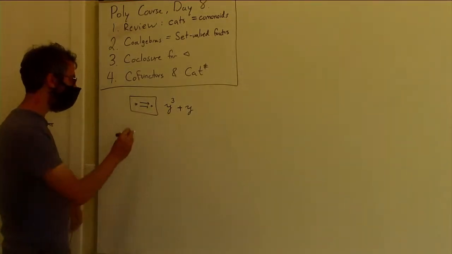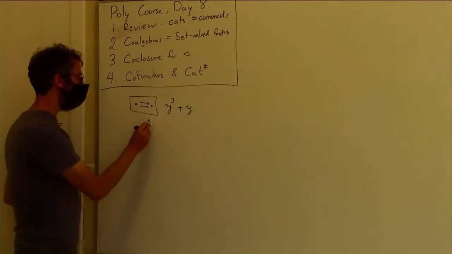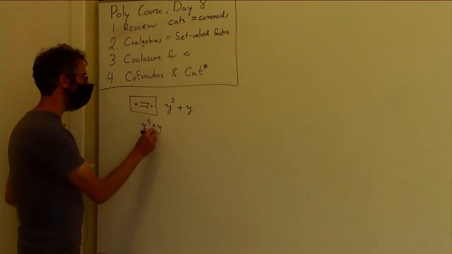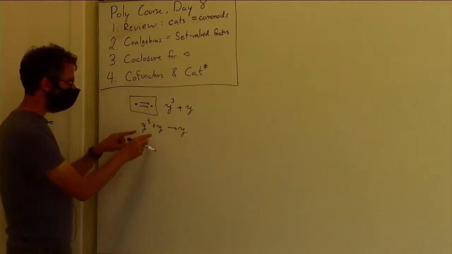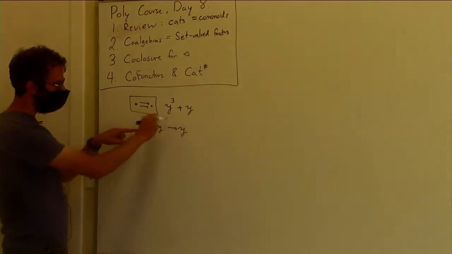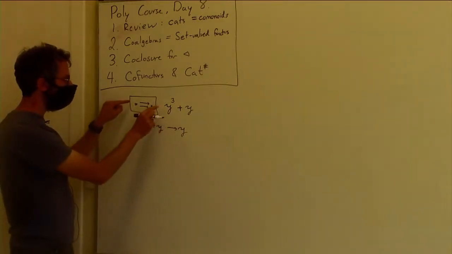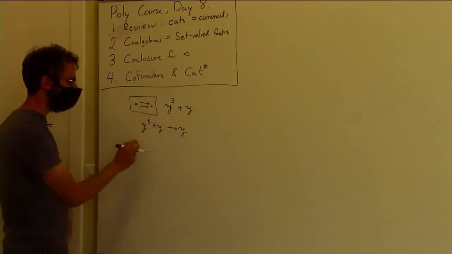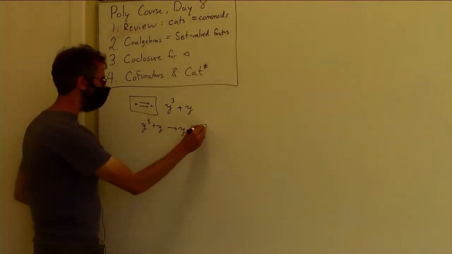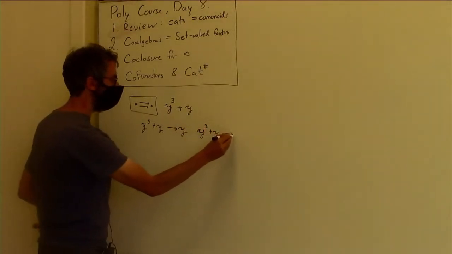It's this polynomial together with a certain map from y cubed plus y to y, one that, when you run around and see how positions get sent to directions, picks out the identities, the identity here and the identity here in both cases, and a map from y cubed plus y to it composed with itself.